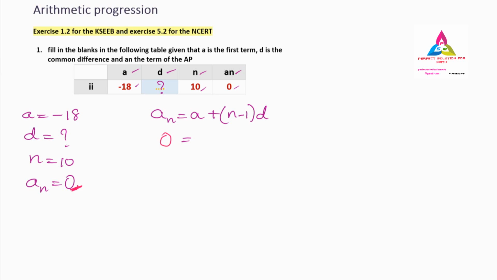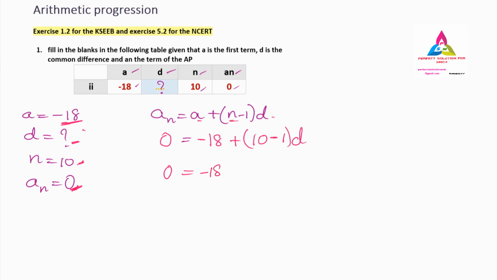Next the A value is also given, that is minus 18, so substitute that minus 18, plus the N value. N value over here they have given as 10. Lastly minus 1 into D. They have not given the D value, so write down D only, don't make any change. Now 0 is 0 only, that will not change.